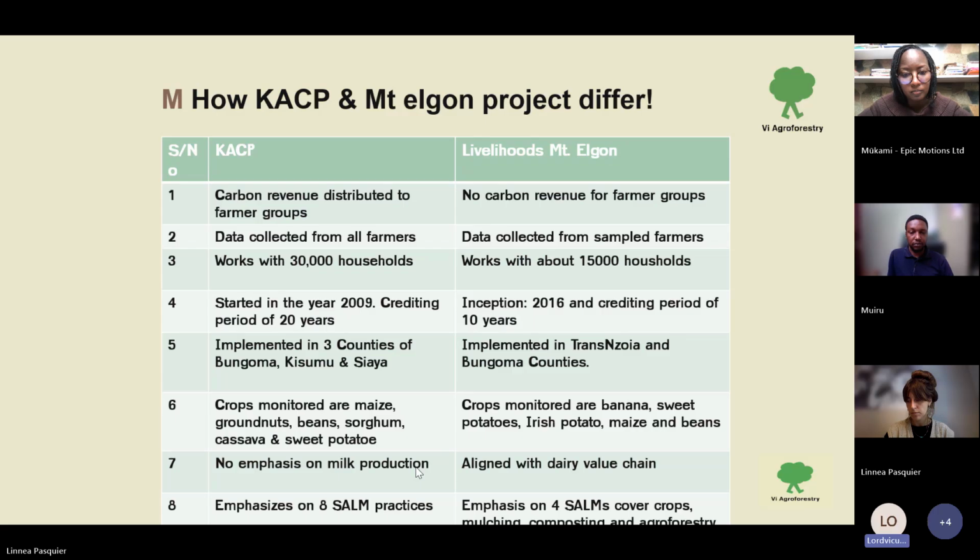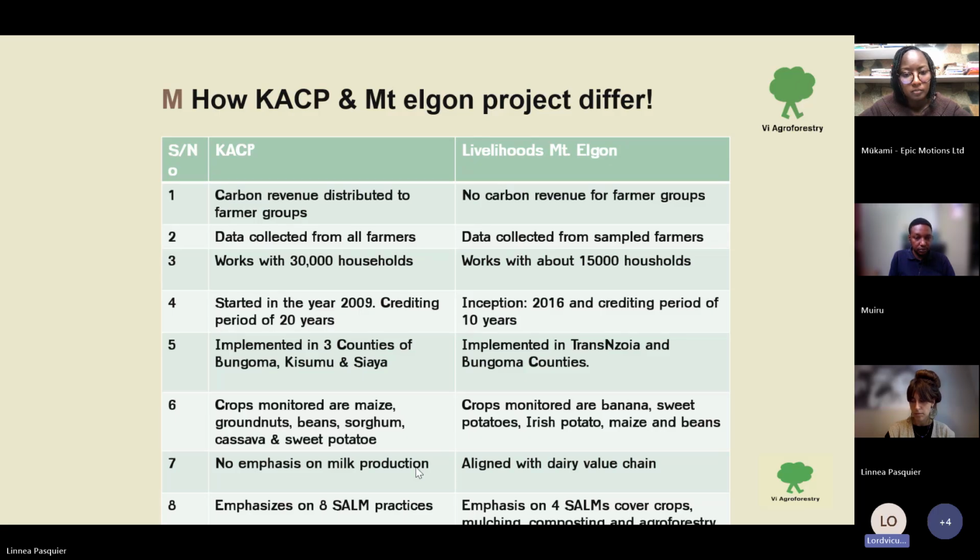Then in terms of the target farmers, for KACP we are working with around 30,000.